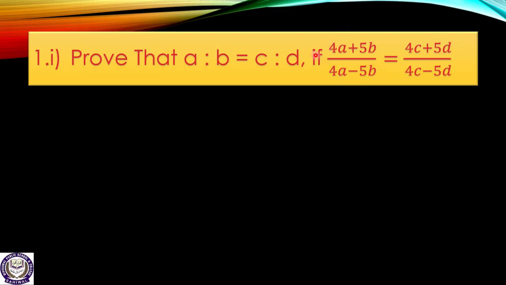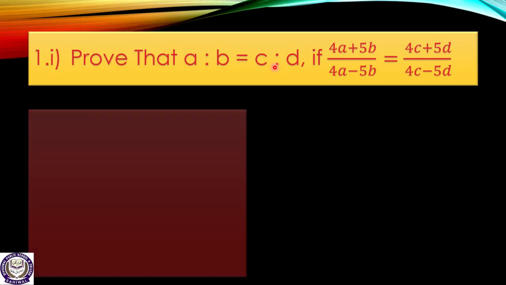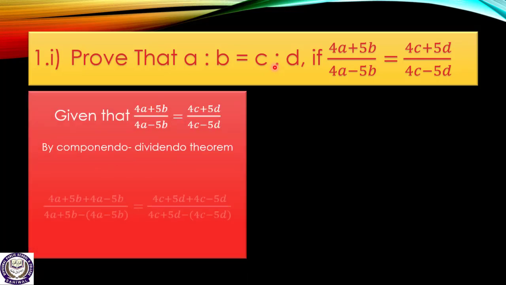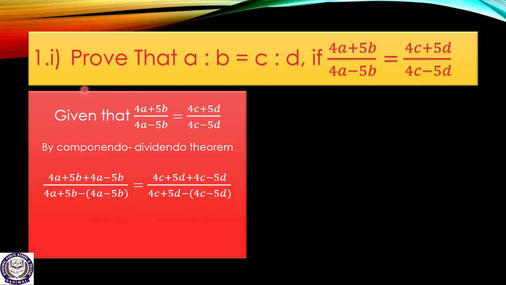To convert it into a ratio b equals c ratio d, we apply the componendo-dividendo theorem. For convenience, I am calling this first term, this one as second term, this one as third term, and this one as fourth term.